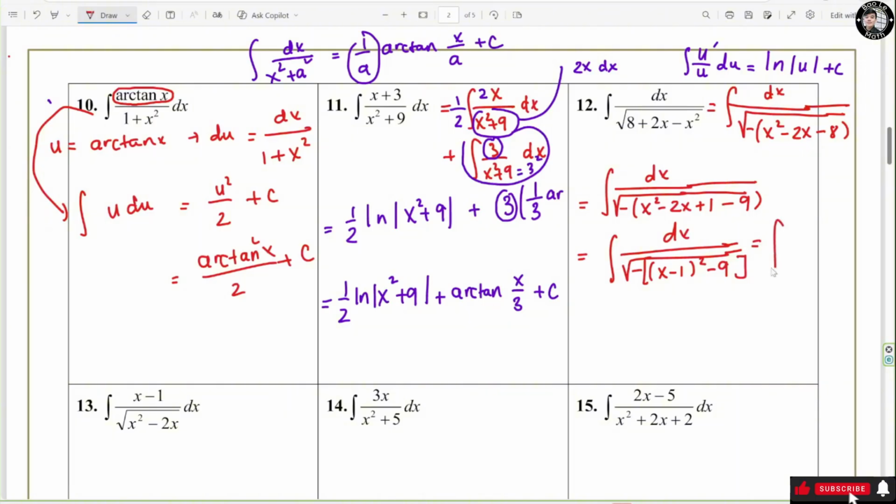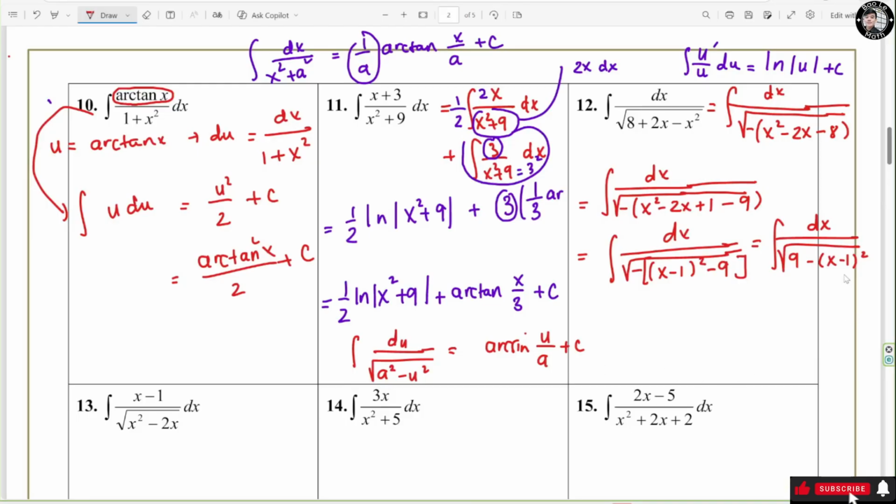And it's going to be the antiderivative of ds over the square root of 9 minus (s minus 1) altogether squared, right? The antiderivative of du over the square root of a squared minus u squared is going to be arcsine of u over a plus c, right?